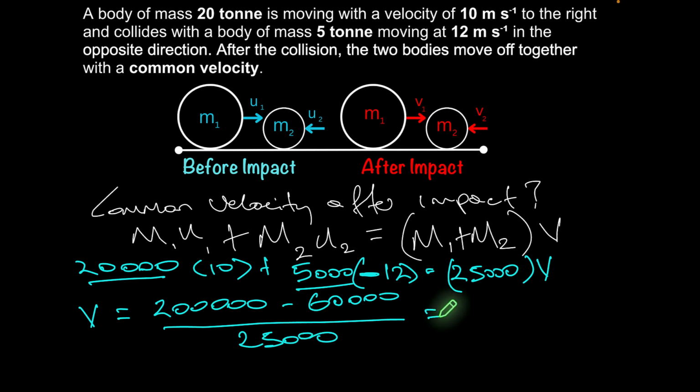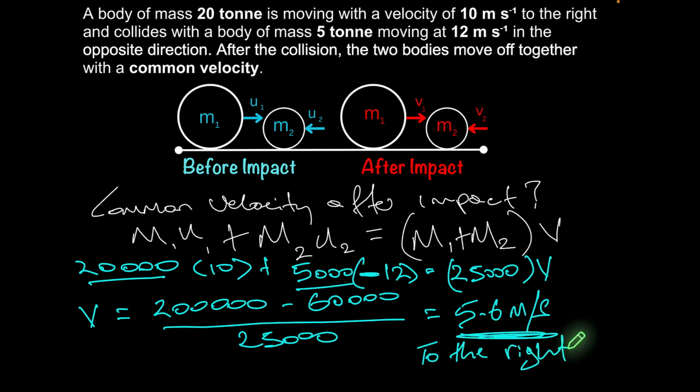So what we're left with here is a final velocity of 5.6 meters per second. So this will represent the final velocity of both masses combined. And the other thing here is it's positive, so that will indicate that we're moving to the right.